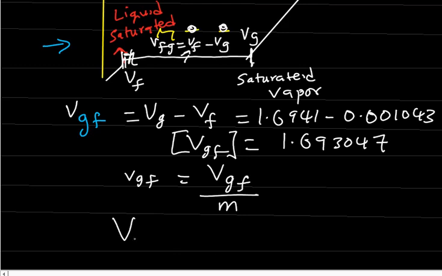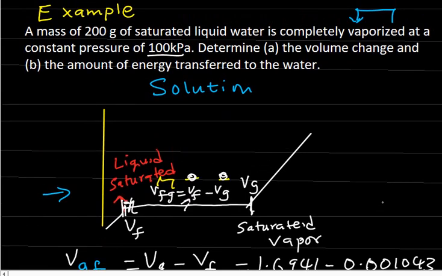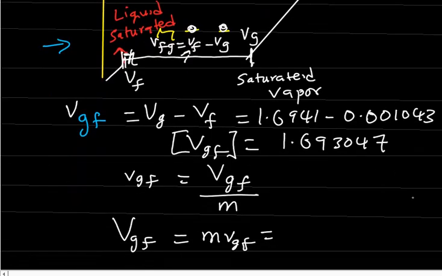So the total volume is equal to mass multiplied by Vgf. Let's look at what we have as the mass. The mass is 200 grams. This 200 grams is converted to kilogram by dividing by 1000. 200 divided by 1000 is 0.2. Then of course multiply by 1.693047.